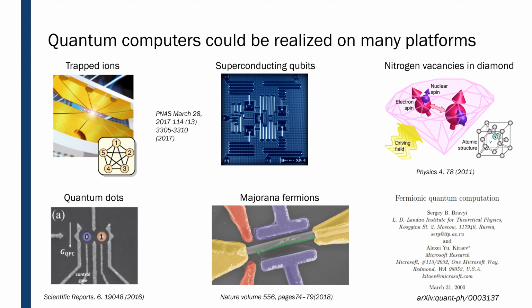Where do the two trapped ions, how far apart are they? They're probably very close to each other, but I'm so sorry, I'm not the experimentalist here, so I can't give you the exact number, but I do have that reference over there if you want to go and check it.